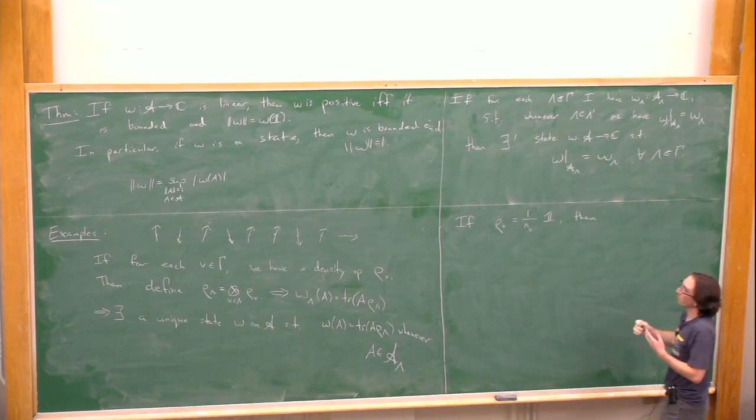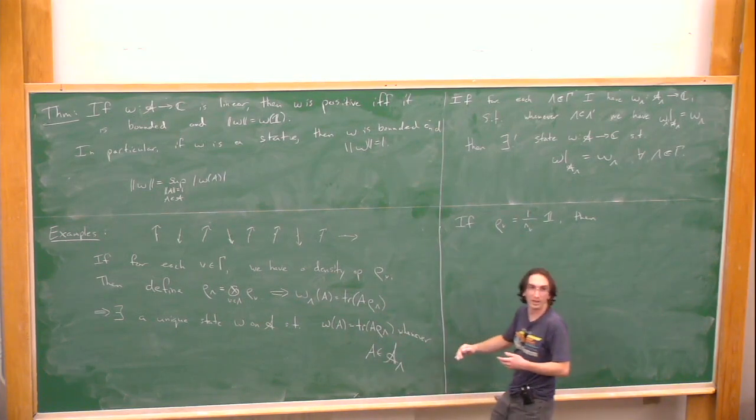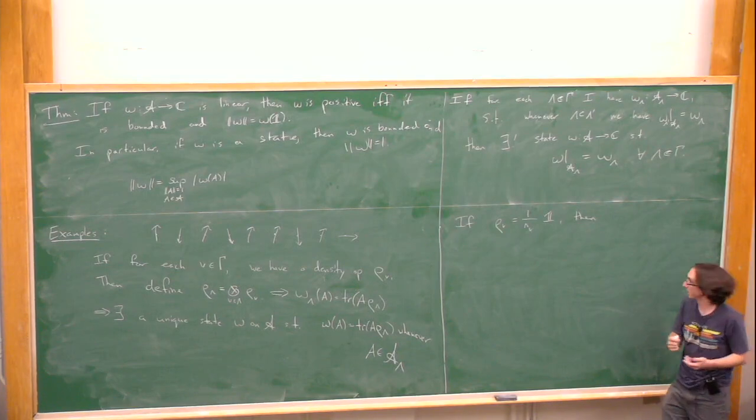Then omega itself, this omega on the quasi-local algebra, acts like a trace against an identity matrix.